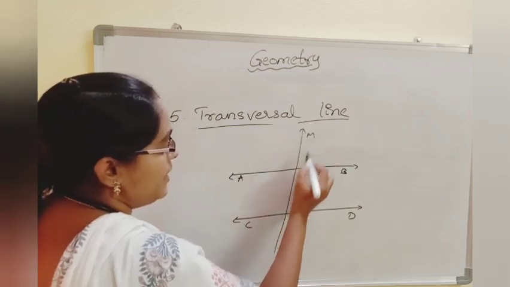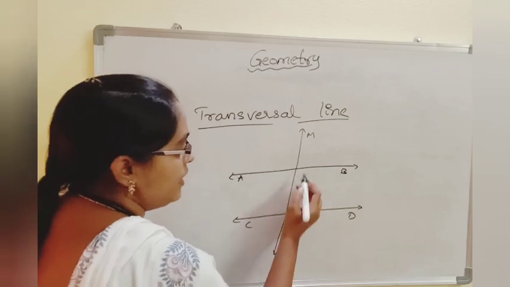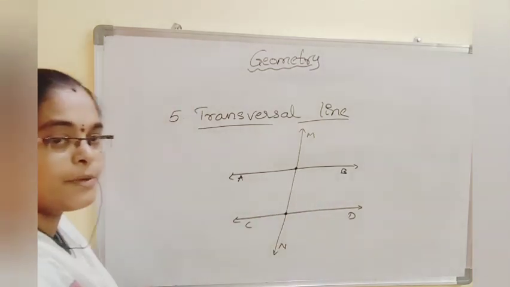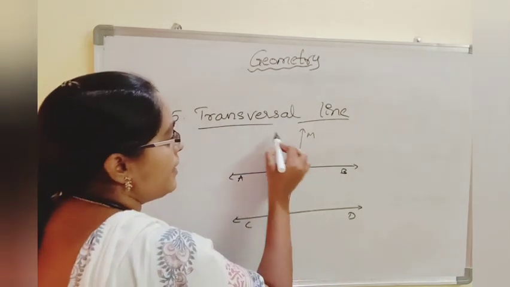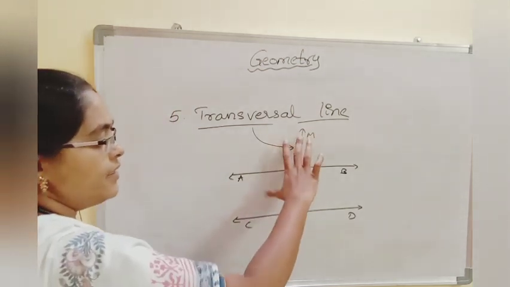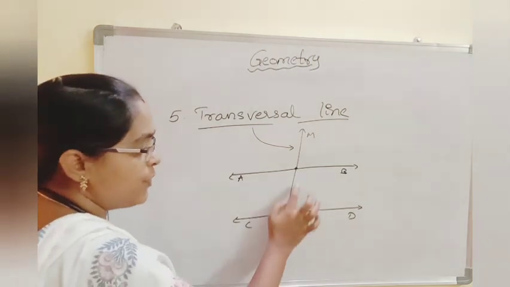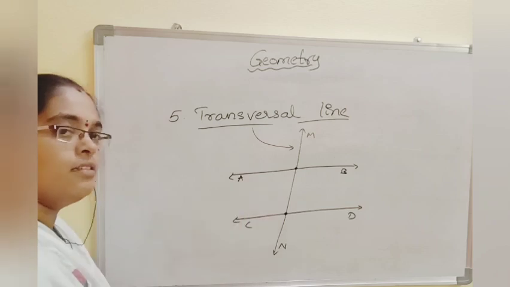That is, line MN intersects line AB and line CD at distinct points. See, at separate points it is intersecting. Then this line, line MN, we are calling a transversal. A line which intersects two or more lines at distinct points, then that line we are calling a transversal line.